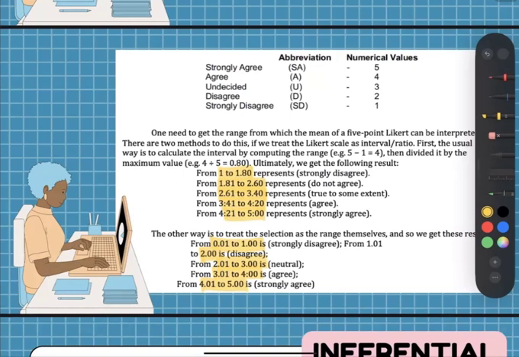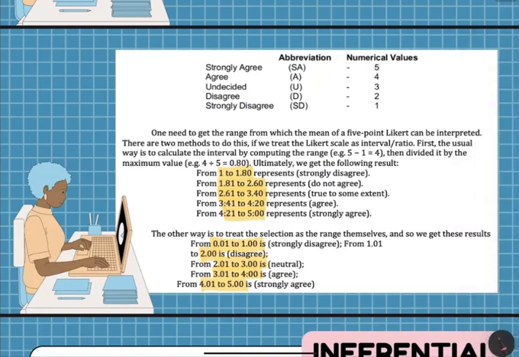Usually in a Likert scale, it depends on how many points there are. We get the average and then we interpret the average according to these ranges. So for example, if you get a very low mean, like this one here, that is strongly disagree, or a very low level. That's the beauty of the Likert scale. It's easy to use and it's also easy to interpret.